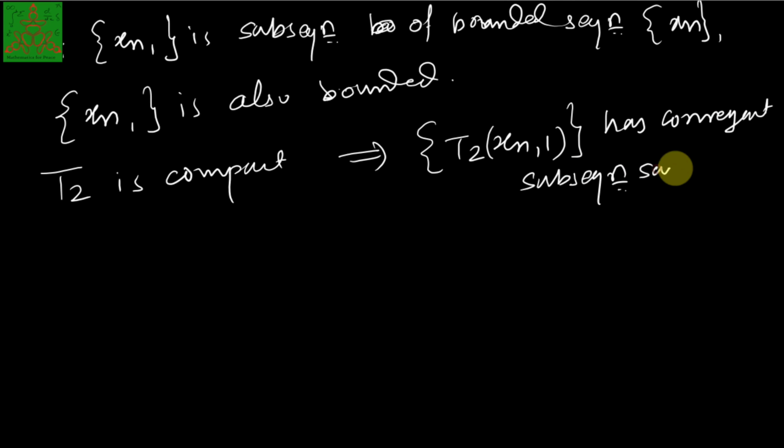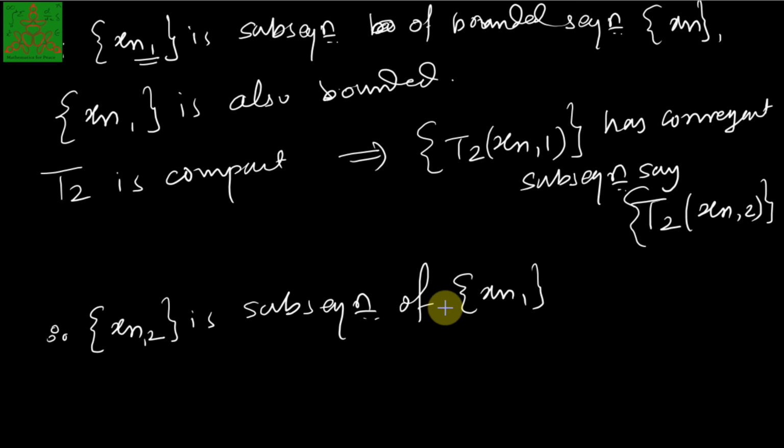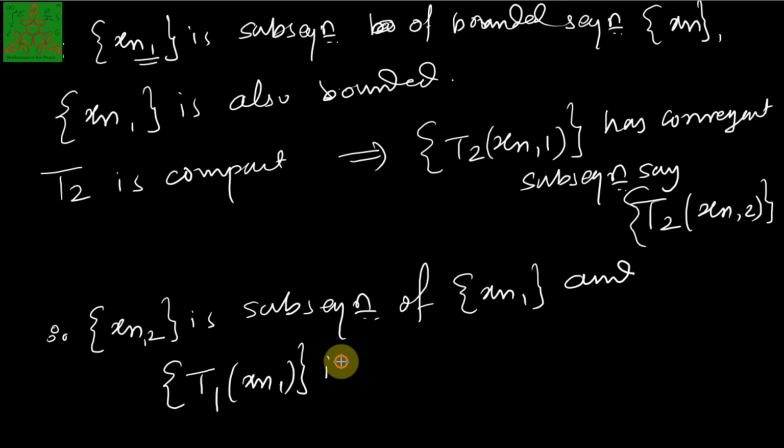Let us say that convergent subsequence is T2 of xn2. Now as xn2 is a subsequence of xn1, which is bounded, therefore I can say that T1 of xn2 is a subsequence of T1 of xn1, which is convergent.